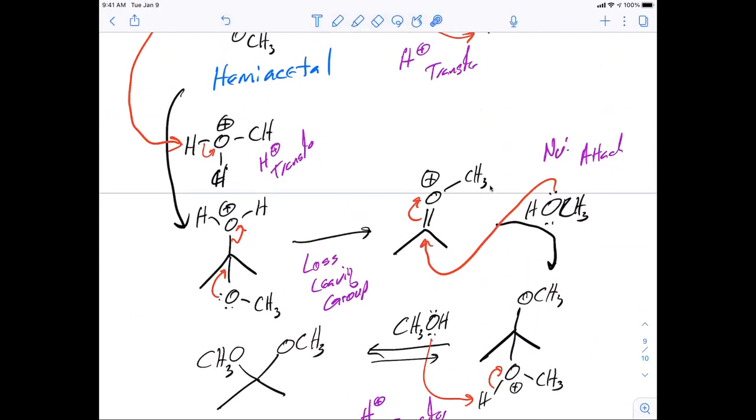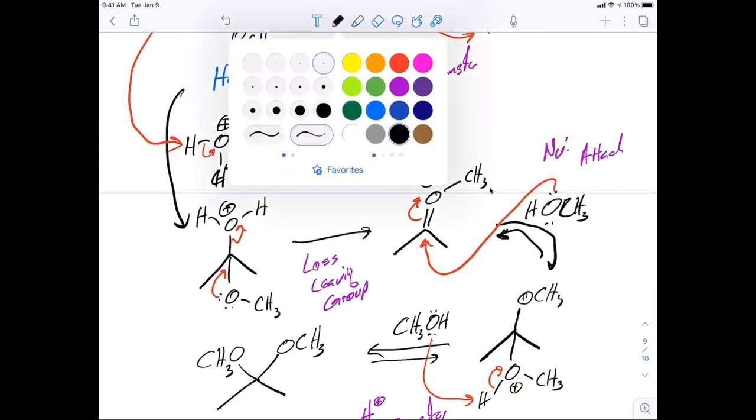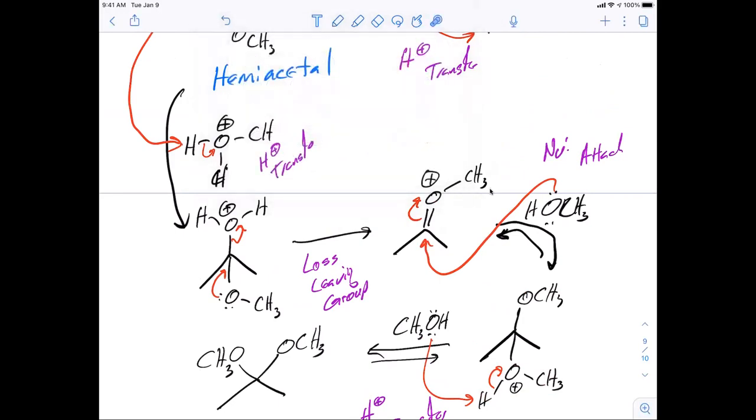Could I have this lone pair here kick this group off as a leaving group? Yes. So this is reversible. Could I then have this group get attacked by water to get me back to here? So could water come and attack that group? Yes, that could happen. All right, so that's reversible.